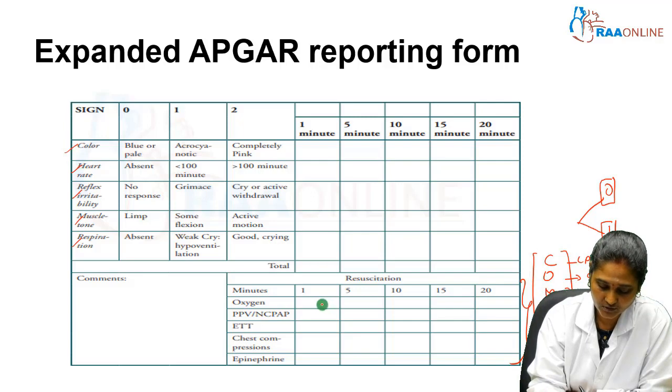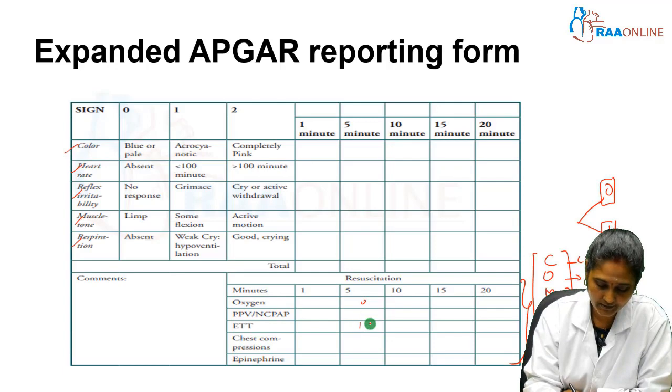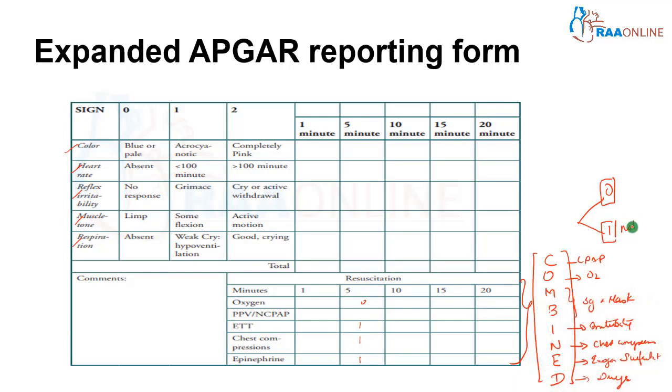Like for oxygen, you put 0 at the 5th minute. But if you are not intubating, not giving chest compression, and not giving any drugs, meaning the activity is not performed, then you give a score of 1. So it is just the opposite, and you have to remember this.